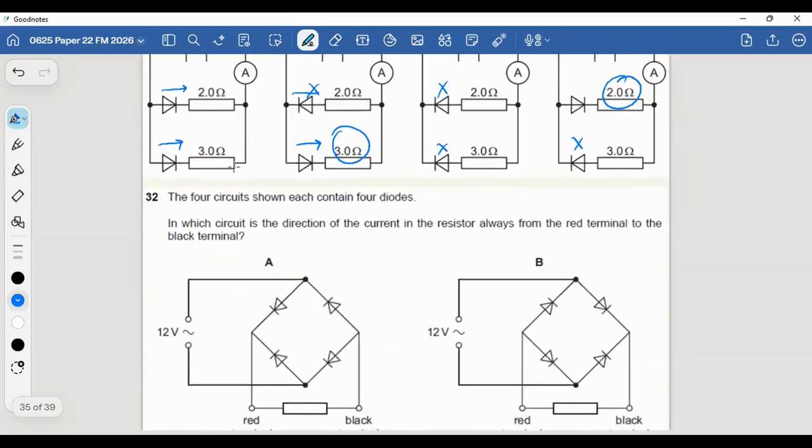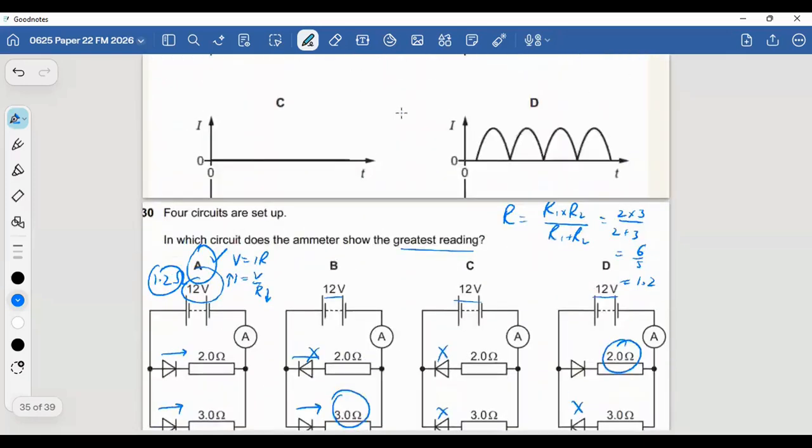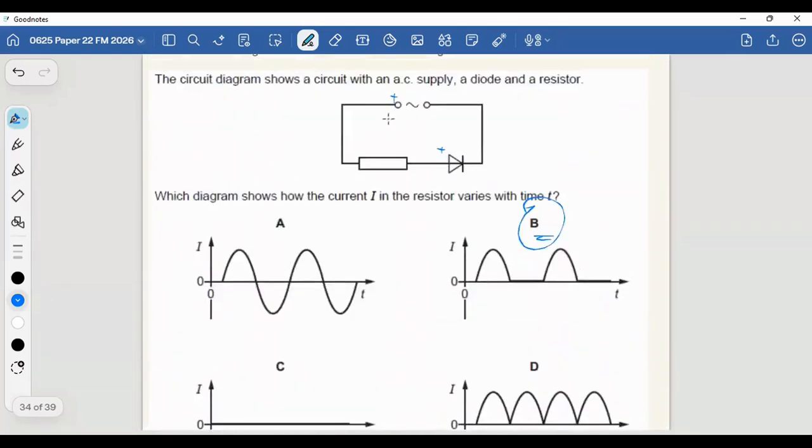Now, moving toward a very important question. Sometimes students may fall into this trap, and if you know the basic working, you should not be trapped here. The four circuits shown each contain four diodes. Usually, what happens is that the first half of the current flows, and the second half it is blocking. It lets the first half flow, then blocks the second half again.